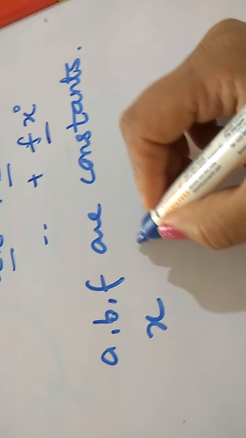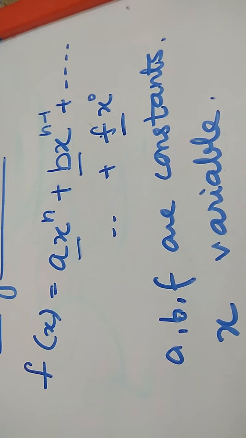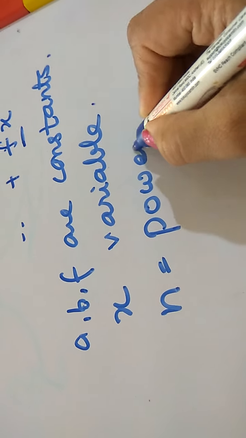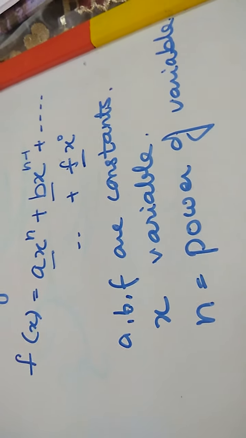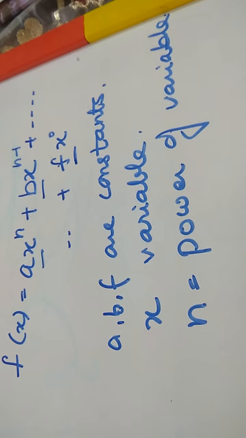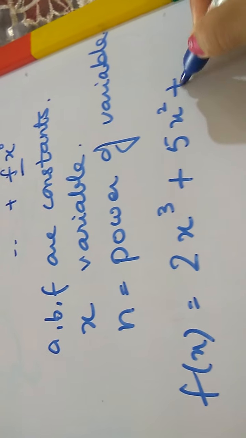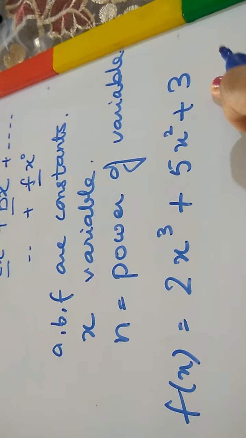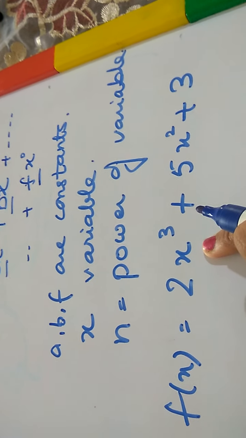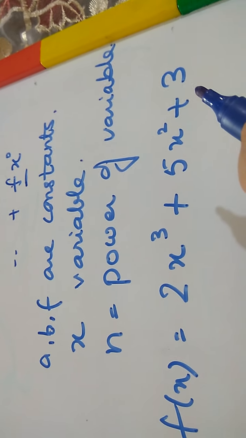X is the variable and N is the exponent or the power of the variable. So some examples of polynomial are 2x cube plus 5x square plus 3. Here 2, 5 and 3 are constants. X is the variable and this cube or 3 and this 2 are the exponents.